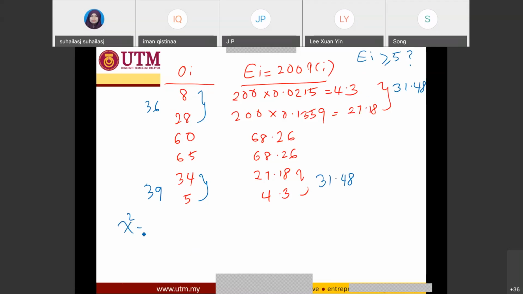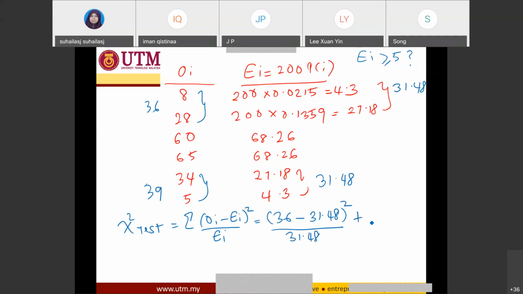So for the chi-square test, write down the formula: OI minus EI squared, divided by EI. The first one, OI is 36, minus 31.48, squared, divided by 31.48. The next one, 60 minus 68.26 squared, divided by 68.26.